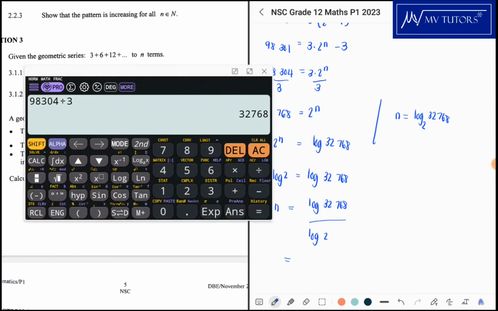Let's try with the first simple one. Log base 2 of 32,768, and that is 15. So we have n is equal to 15. And if I decided to do it the long way, by saying log 32,768 divided by log 2, again, that gives me the same answer, which is 15.